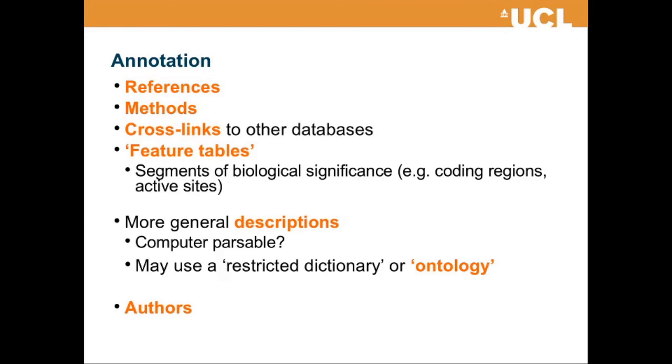So for example, the word in question might be human, and that would have a set of characteristics that are specifically human, but it would also inherit all the characteristics associated with the word mammal, and so on. We might also talk about the authors, the list of authors, as being an annotation.